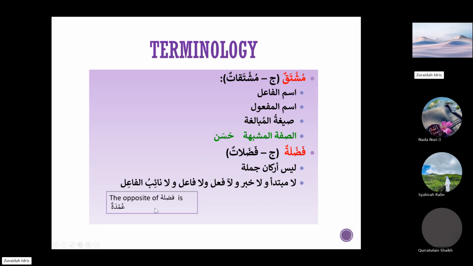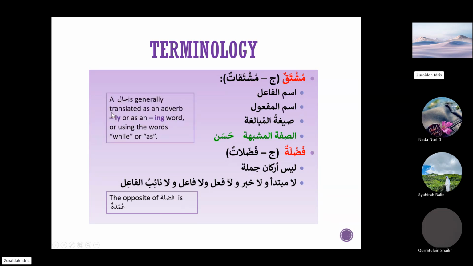Now, I'm just putting here the opposite of fadla, the umdah, which is the pillar. And in English, we generally translate it as an adverb with ly, or as an ing word. We'll see this later on as well. While and as comes along in different formations, when we have waw, usually.